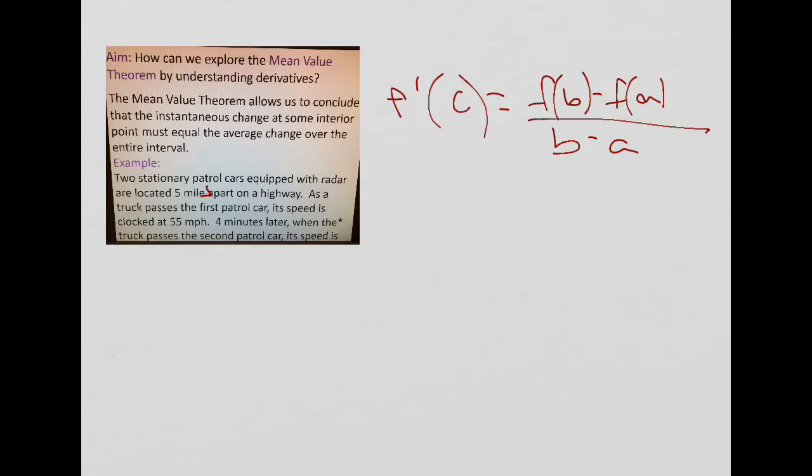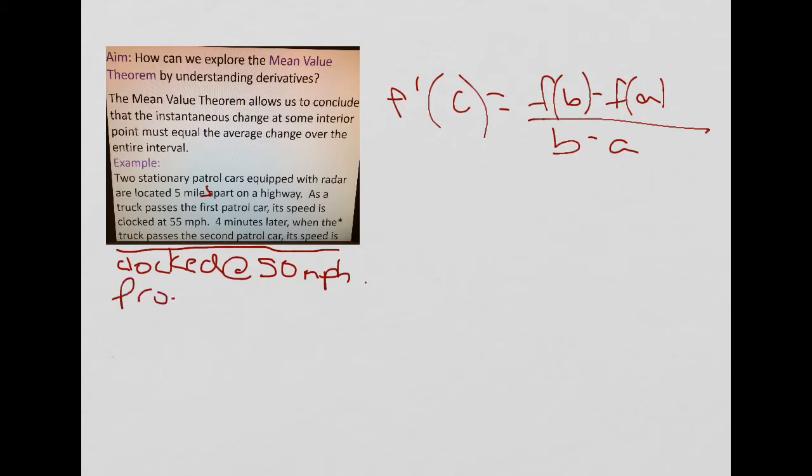Four minutes later, when the truck passes the second patrol car, its speed is clocked at 50 miles per hour. The asterisk is because it's continued on the next slide. Sorry, I don't have that slide.